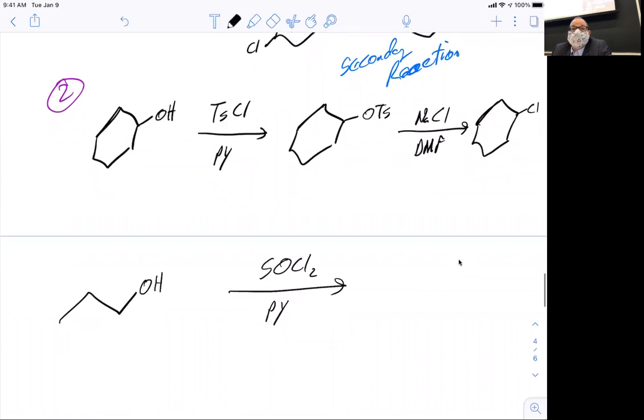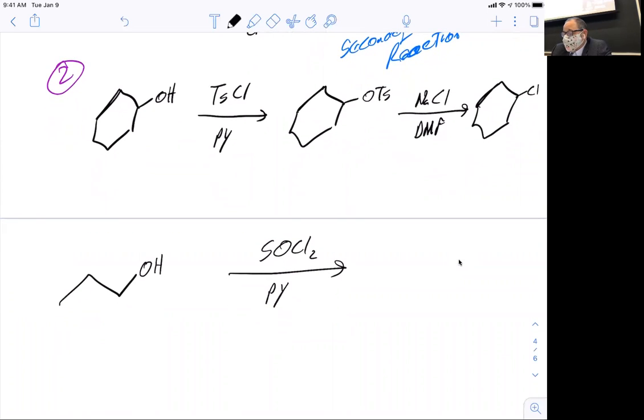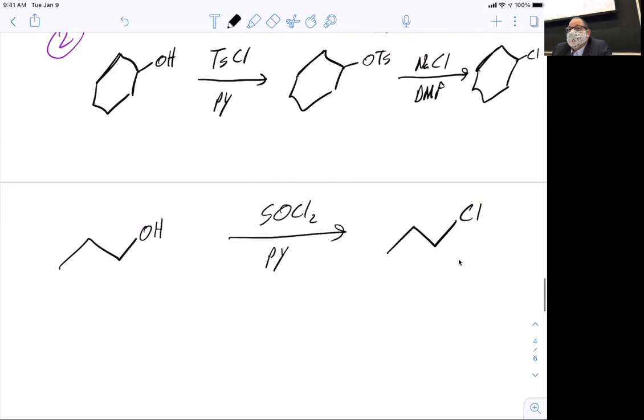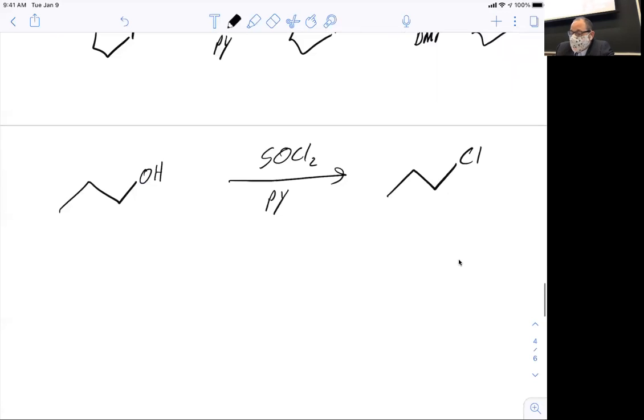We can do this with SOCl2. The way to think about the SOCl2 is that we're going to be activating the alcohol and doing the chloride substitution in the same process. So the first step mimics the tosylate somewhat.